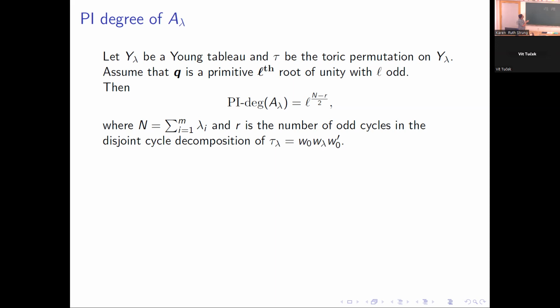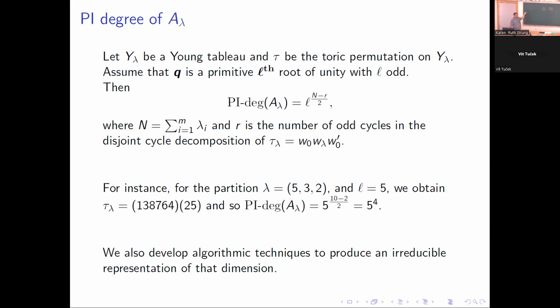R is the number of odd cycles, so that's just the dimension of the kernel. So that's basically the rank, and because all of these invariant factors are actually coprime with L, we can make them disappear when computing the cardinality, and so every possible vector will appear in the image. So that's a nice formula, quite easy.